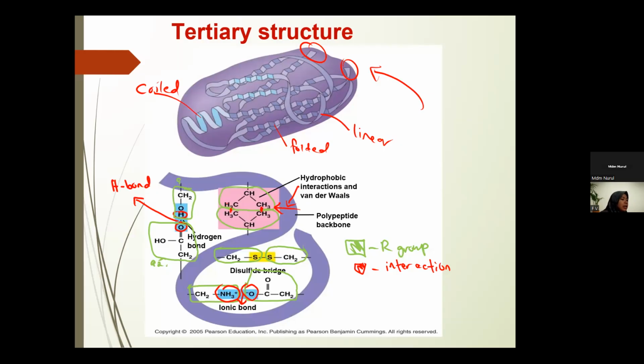Okay, ni semua adalah hydrophobic ataupun non-polar. Actually, it refers to the whole thing lah. Maksudnya semua tu dia berikat, so Madam buat tanda macam ni nak tunjukkan dia orang ikat. So, these are three weak interactions. Nombor 1, hydrogen bond. Nombor 2, ionic bond. Nombor 3, hydrophobic interaction and van der Waals.